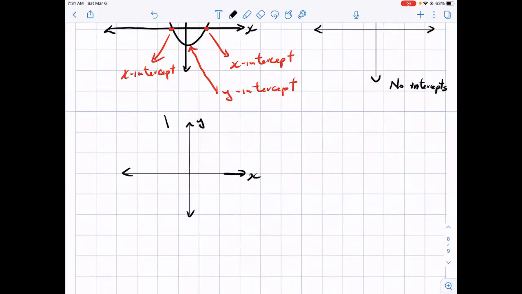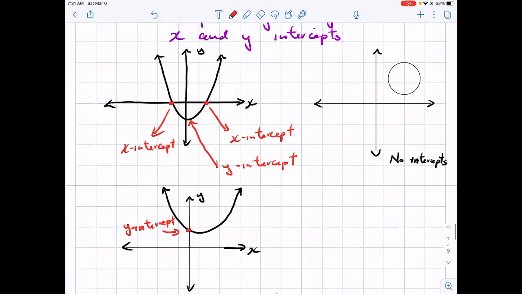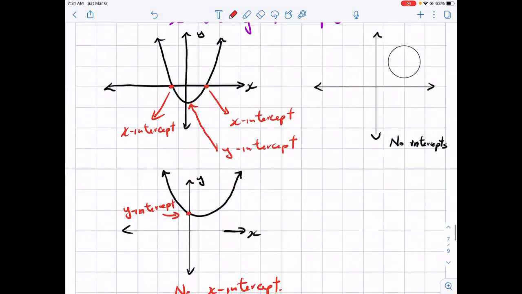An example of that could be this graph here, where it never crossed the x-axis. So here we only have a y-intercept. No x-intercept. So it all depends on the graph.